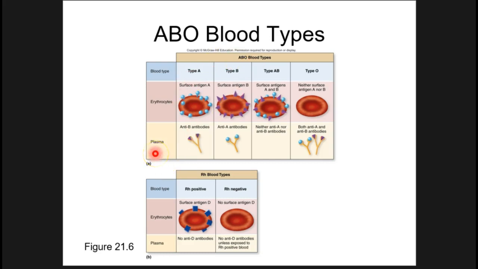Antibodies are going to float in serum. We talked about globulins, immunoglobulins. Those are antibodies. So they are plasma proteins, and they're going to be specific. What they are going to do is they're going to adhere to the antigens and do things to that cell, depending on if it's an identified cell.